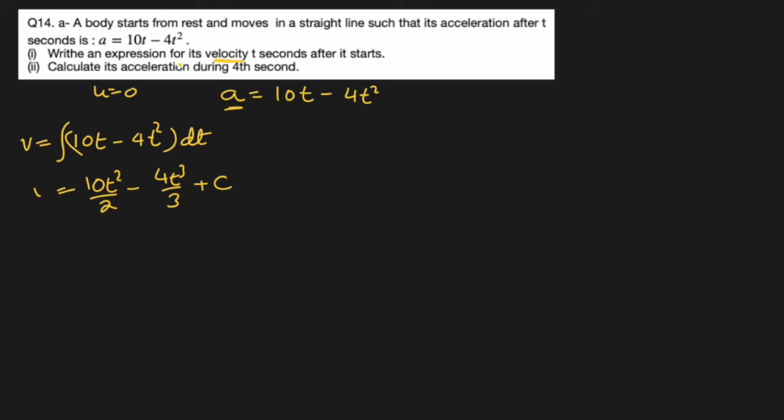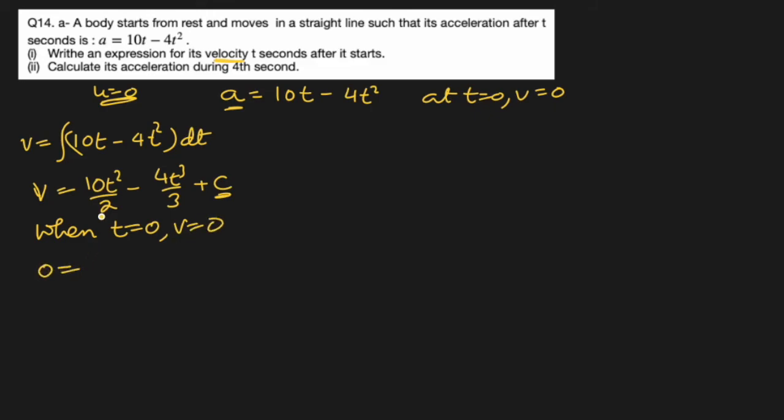And they say write the expression for velocity. This is not expression for velocity unless we get a value for c. And they have given here it starts from rest. That means at t equal to 0, v is equal to 0, and that's what we will use here. When t is 0, v is 0.